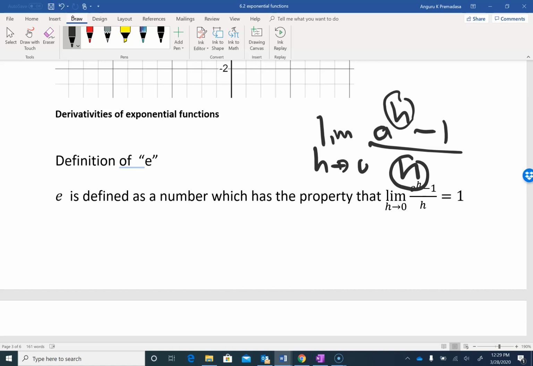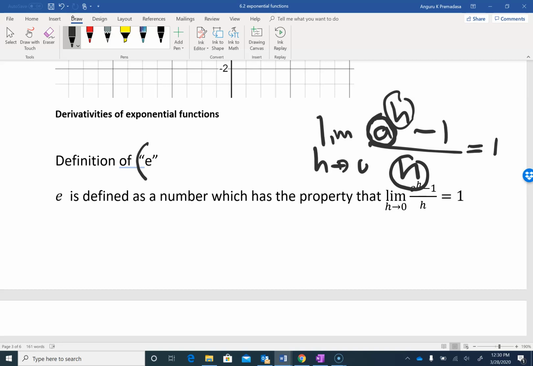And if you try different values for a, like a equals 2 and 3, you can show that for a particular value of a, this limit is equal to 1. That value of a is defined as e.